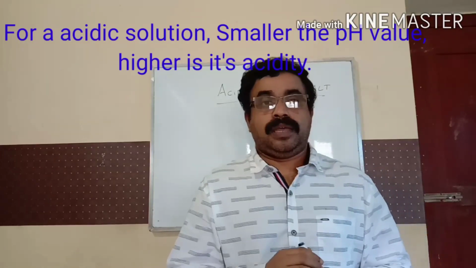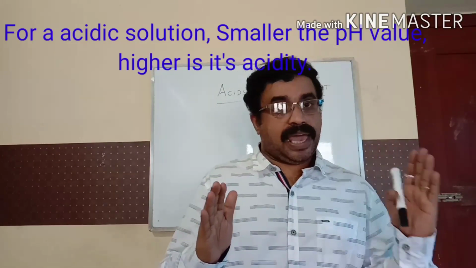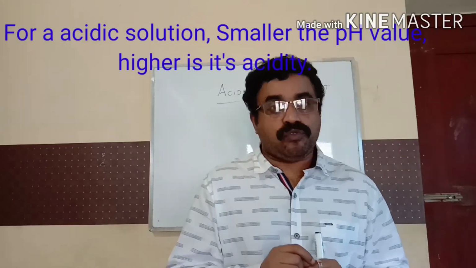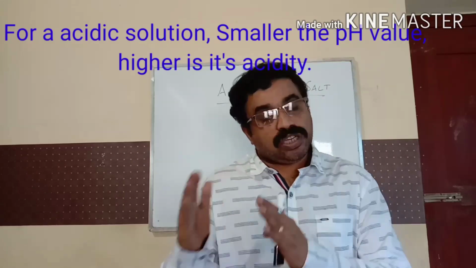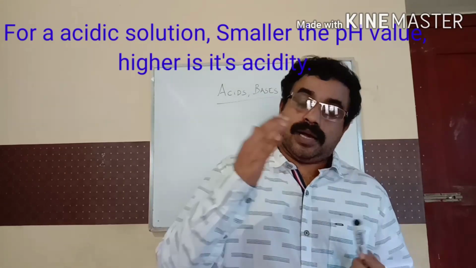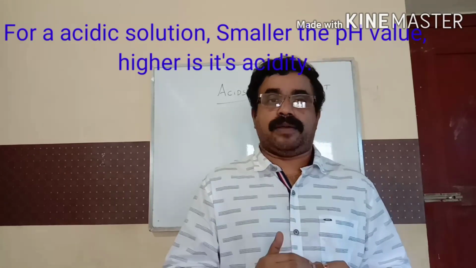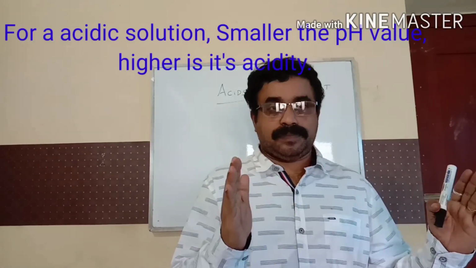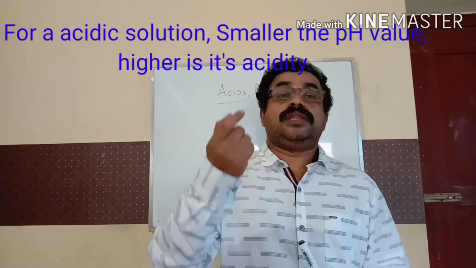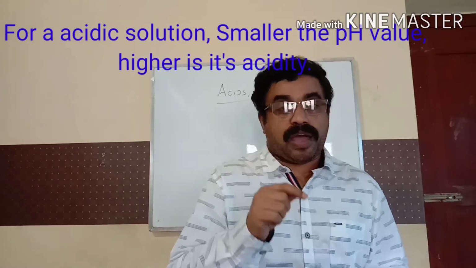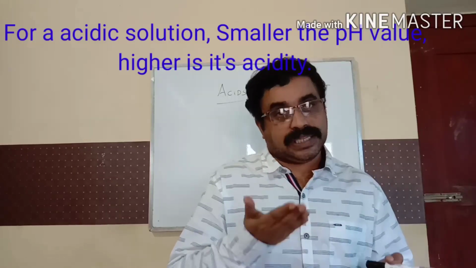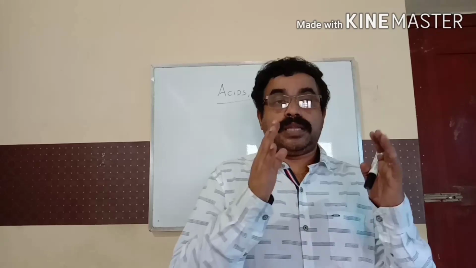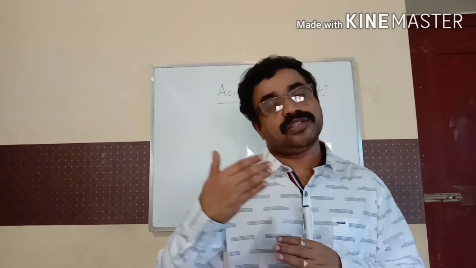For example, if we have two solutions A and B, solution A has pH value 1.5 and solution B has pH value 6.5. Both are acidic because they are below 7, but solution A is more acidic than solution B.